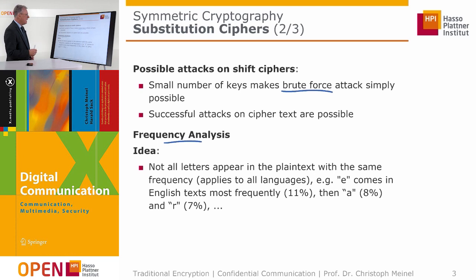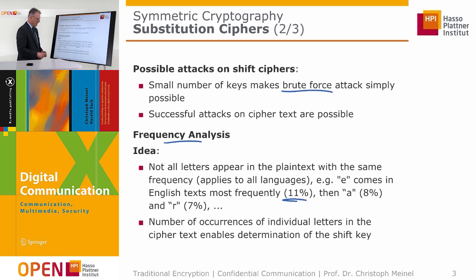So, for example, the letter E occurs in English text most frequently, with an occurrence of 11%. The letter A is 8%, the letter R is 7%.